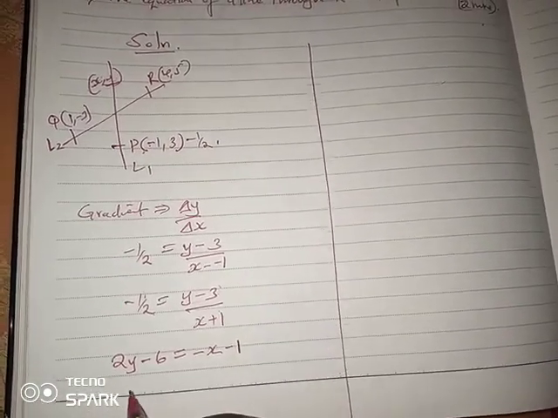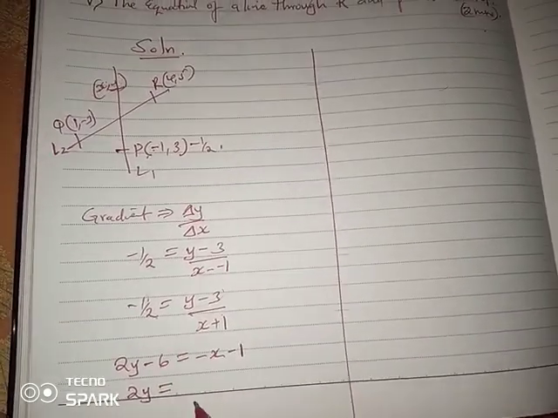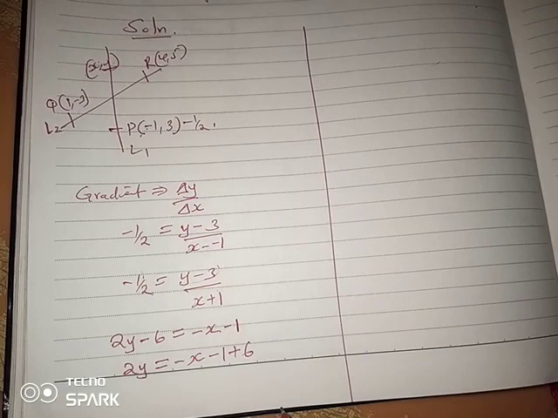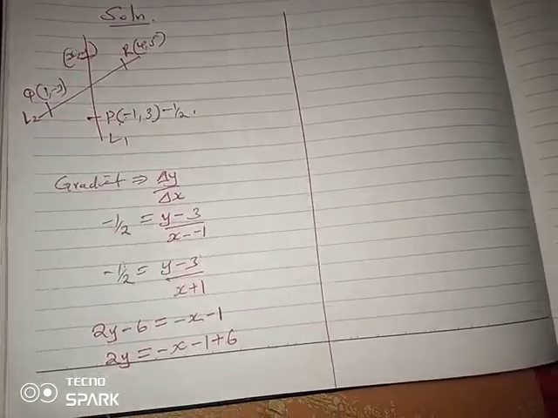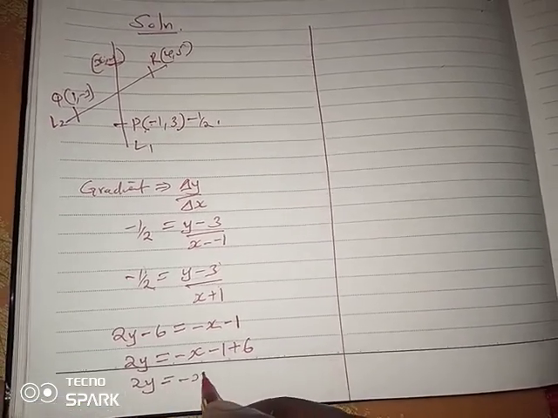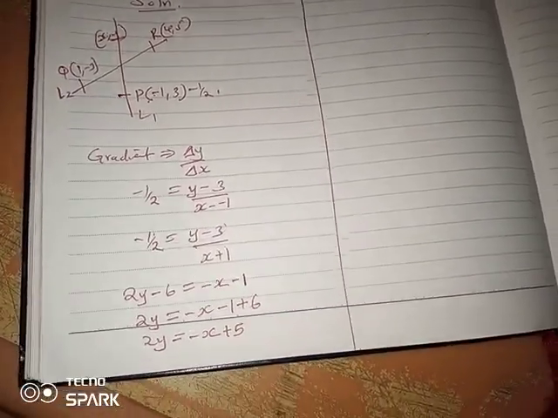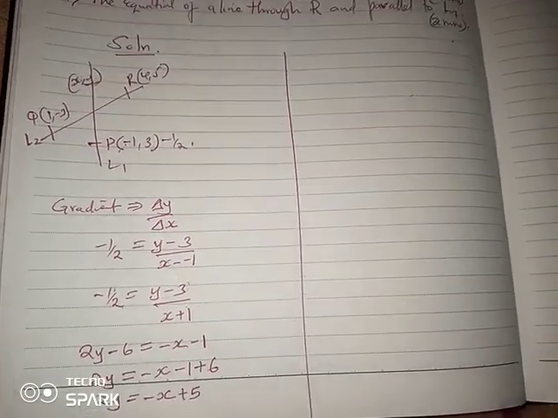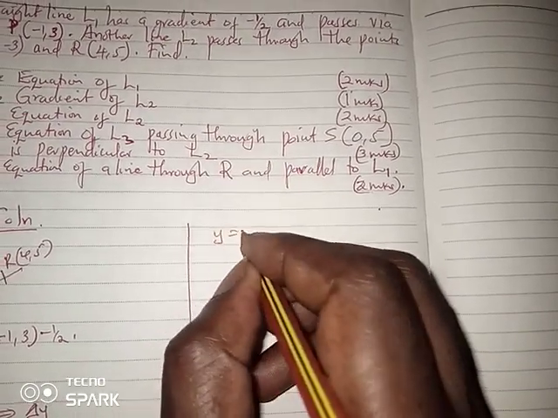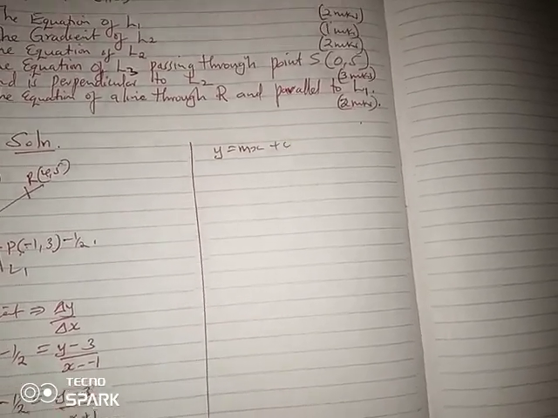Completing our equation, 2y equals negative x minus 1 plus 6. When 6 crosses the equal sign it changes to a plus. Finally, 2y equals negative x plus 5, since minus 1 plus 6 is plus 5. I always tell my students, always leave your answer in the form y equals mx plus c, the general expression of linear equations.